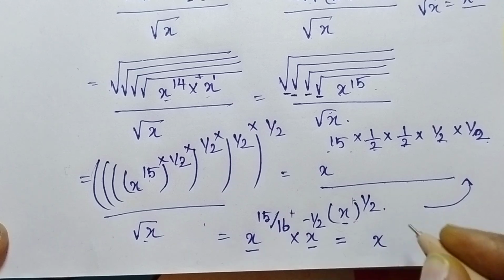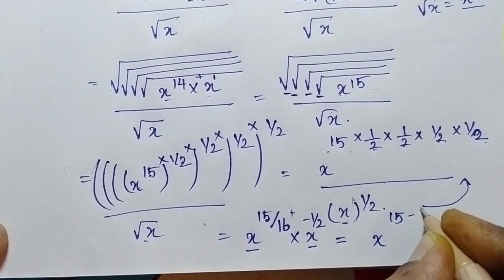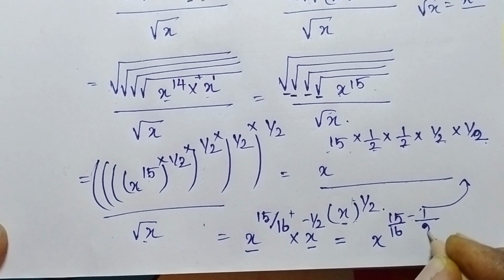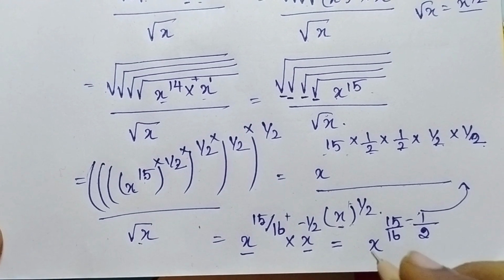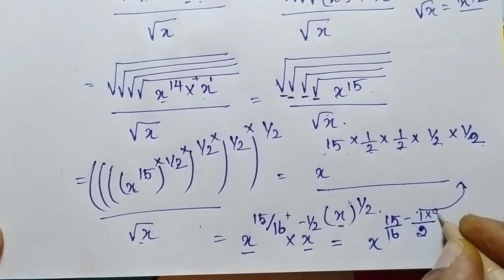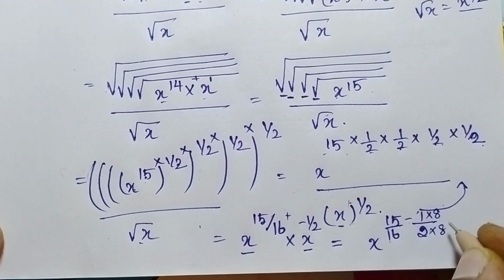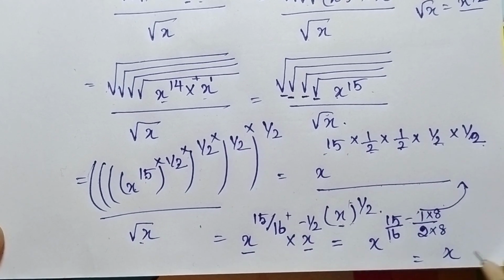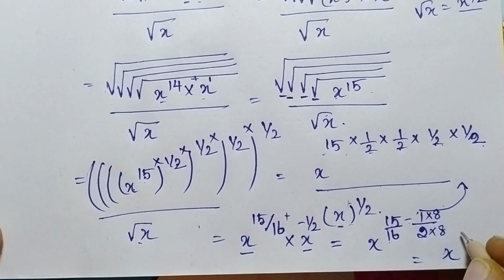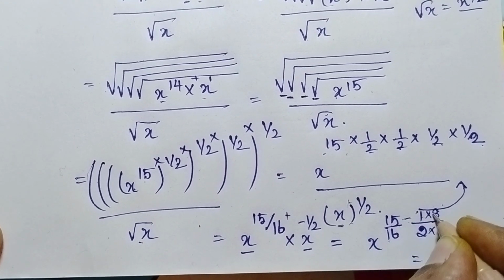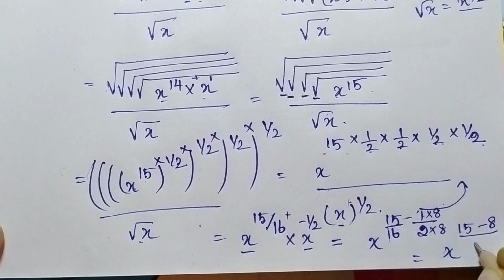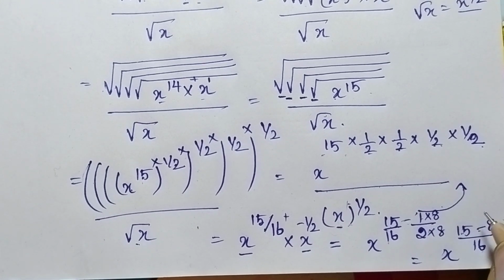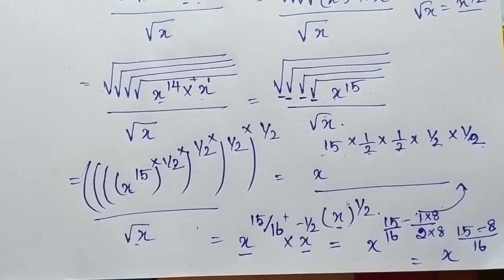Therefore this becomes x power 15 by 16 minus 1 by 2. If I take the LCM, I need to multiply 8 with 8 on numerator as well as denominator. Therefore, x to the power of 15 minus 1 into 8 is 8, divided by 16. 15 minus 8 is equal to 7.